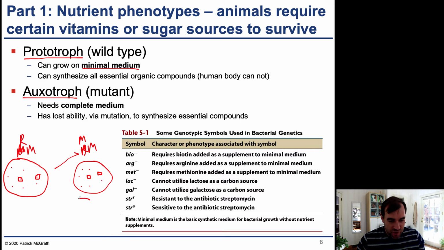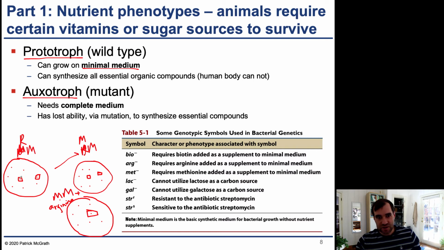So how do we determine what is essential for life? One of the ways we can do that is to supplement the media with the essential component. One example of an essential component is arginine. Arginine is an amino acid. If we do minimal media plus arginine, then lo and behold, we find one of these bacteria individuals is able to live.